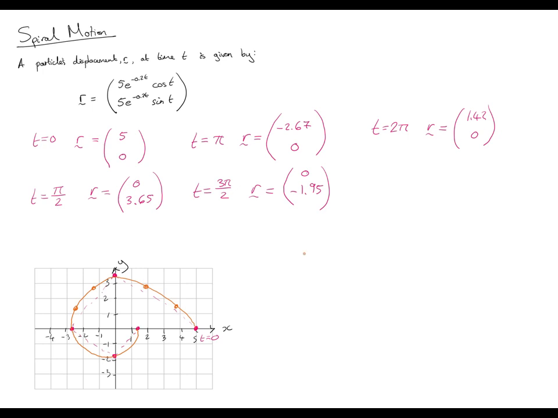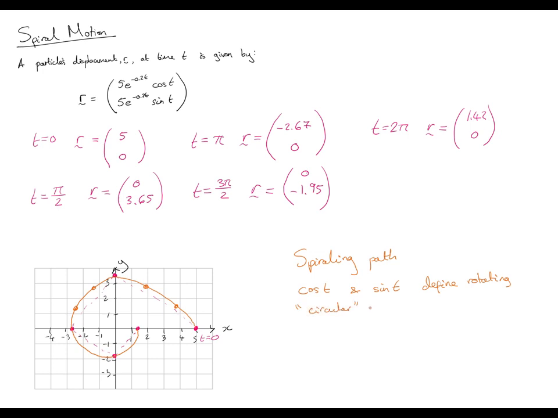So why is that? Why is it spiraling? Well, we saw that the cos t and the sin t part kind of define the circular motion, the rotating, and I'll put circular in inverted commas.